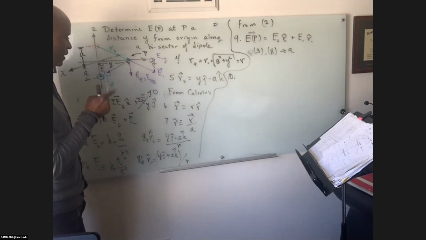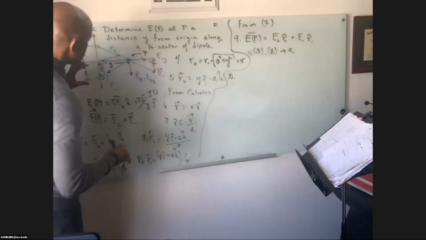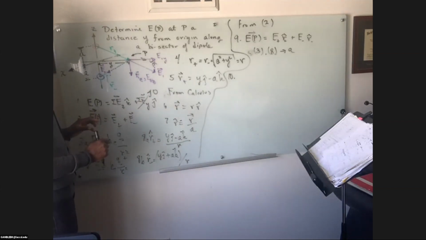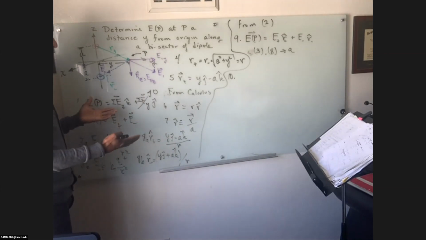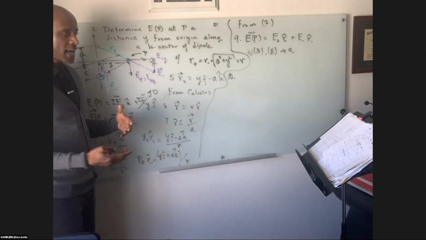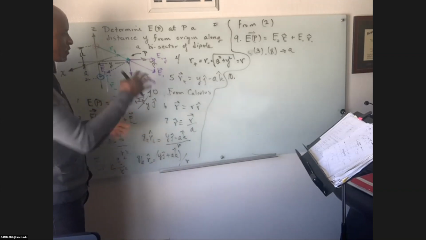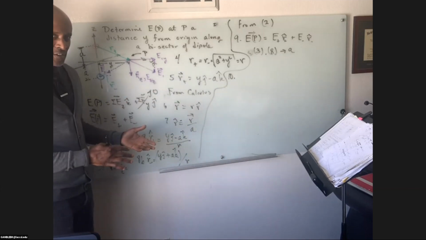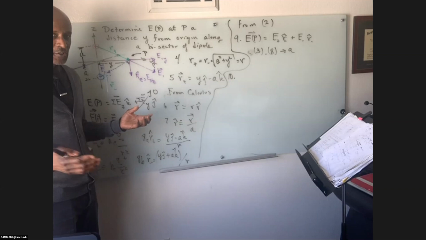The reason I'm doing it in so much detail is because I'm using this as an analogy to go to the continuous charge distribution where we're going to have to integrate. Basically we did this problem already a few days ago, with 2 charges or 3 charges, whatever. I didn't do all this mathematical stuff, because you don't really have to when you just have discrete charges.